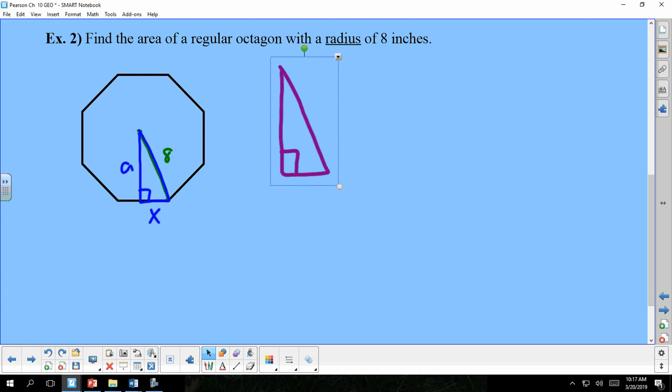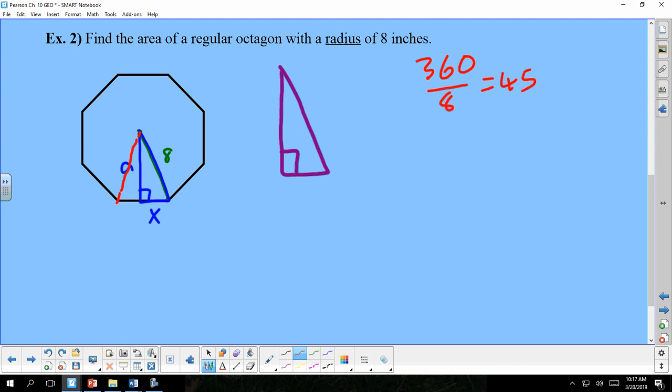All right, so again, step 1. Find the measure of the central angle. 360 divided by the number of sides, which is 8. So in this case, 360 divided by 8 is 45.